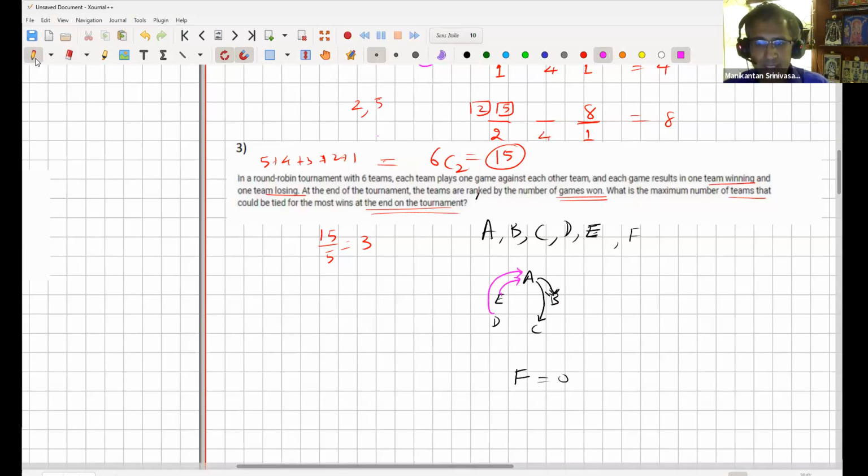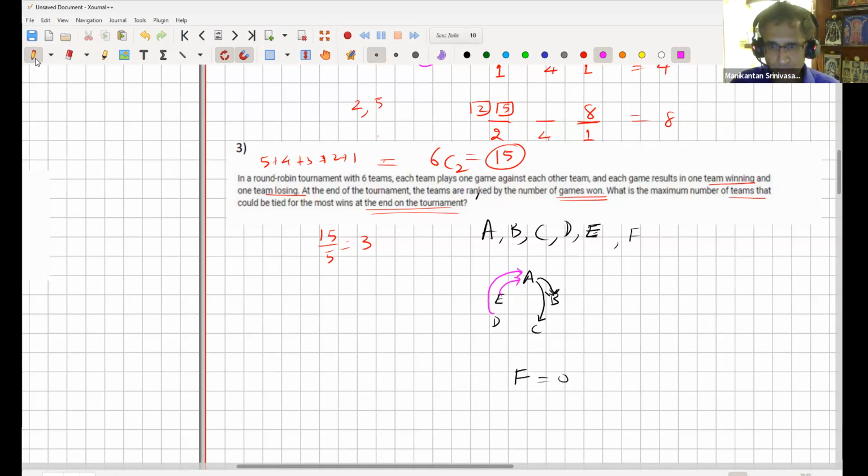So A defeats B and C, B defeats C and D, C defeats D and E, D defeats E and A, E defeats A and B. That way the cycle completes. It's symmetric. A defeats B and C, and loses to D and E. To the right, it wins 2. To the left, it loses 2. This balancing act works throughout the circle, and therefore 5 people can make it. Does it make sense? Probably that's what you meant.